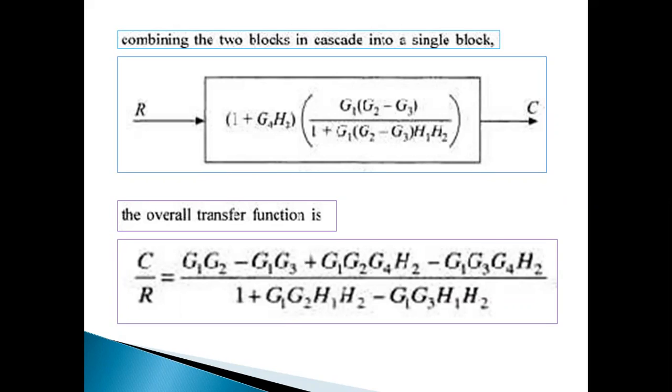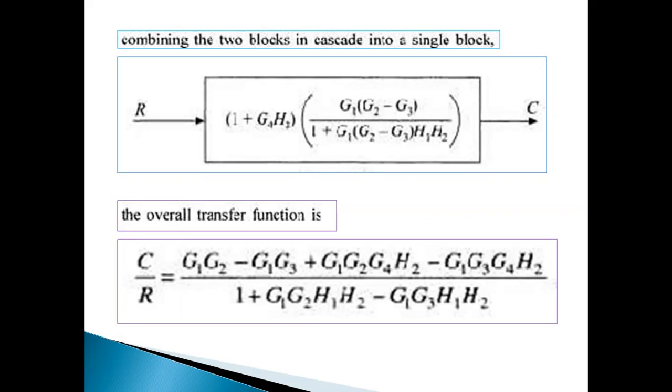If you have any doubts regarding how to reduce this transfer function, you can ask. In a transfer function model, in most cases, you won't get G1 square, G2 square, G3 square, or something like that, except in particular cases.